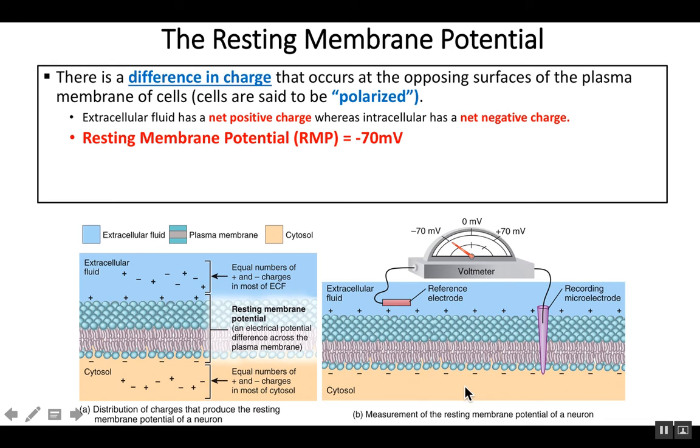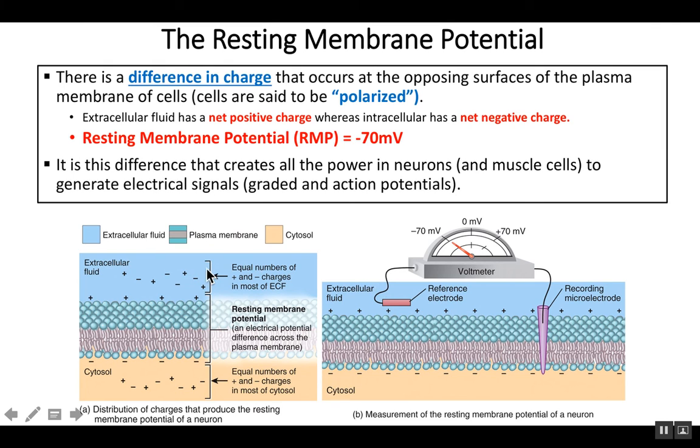The inside is negative, the outside is positive. Okay, so this negative 70 millivolts is the difference. This is what creates all the power for neurons. Neurons have to be polarized in order to eventually be stimulated to transmit an action potential.